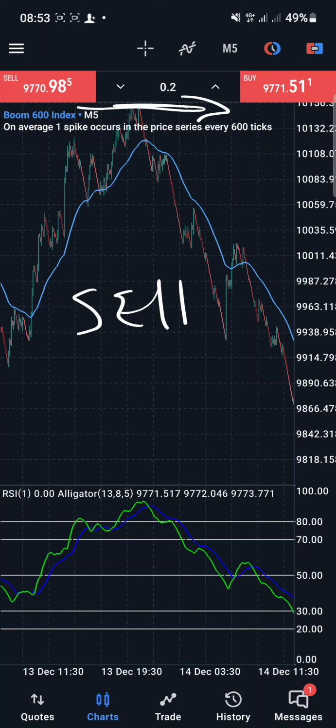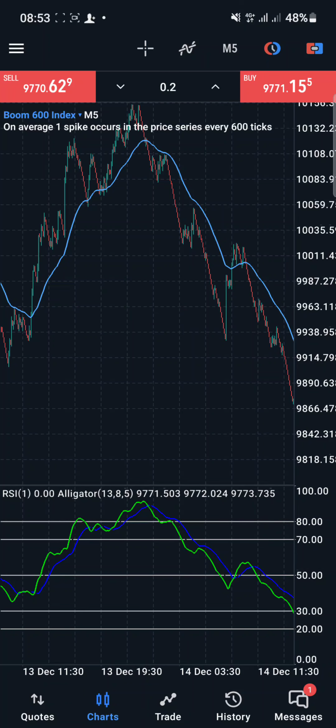But if it does not break out above the resistance zone, then definitely we will be having a change in direction of the trend, and that is why we don't need to jump into the trade at this resistance zone. We need to wait for it to break out below this moving average. Once that happens, then we can go into it.